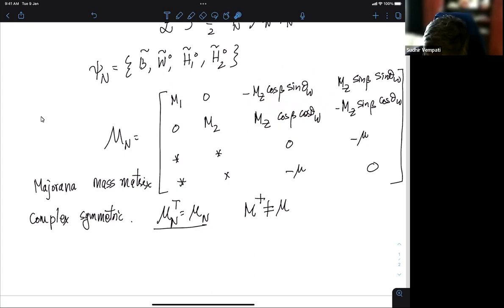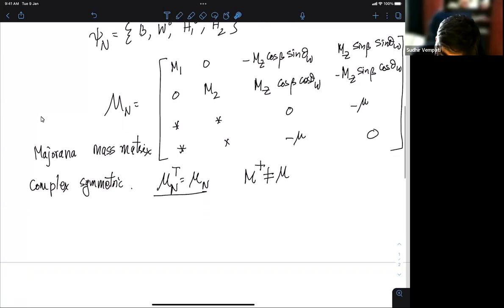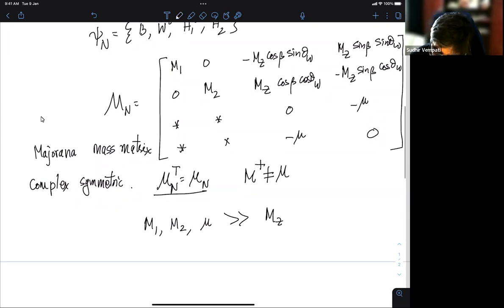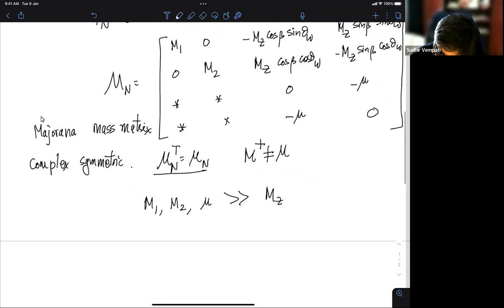Now, if you see this at this level, suppose all the SUSY parameters are very heavy. Let's just take M1, M2, mu much, much heavier than Mz. Then you'll have a pure Bino, a pure Wino, and pure Higgsino.